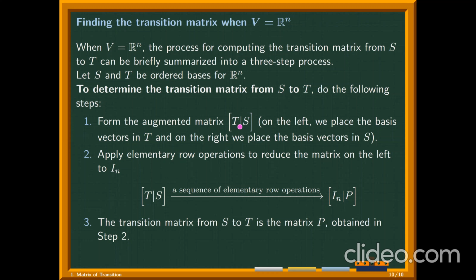And then we reduce this to RREF. So we apply elementary row operations to reduce this to RREF. The columns in T are linearly independent, so you will always arrive at the n by n identity matrix.